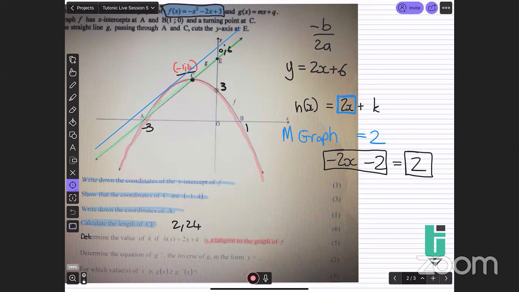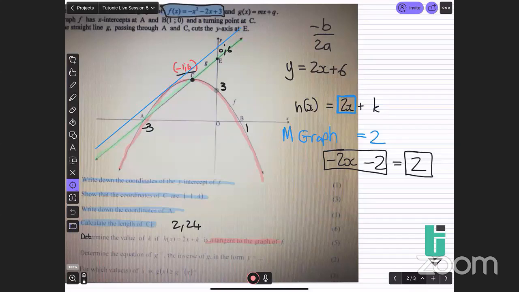So do you guys agree that the gradient of the graph is 2 because the gradient of the tangent is 2? Okay, yeah. So the gradient of the tangent is 2. Here's the tangent. And Naima told us that the gradient of the tangent is the same as the gradient of the graph at the point of contact.